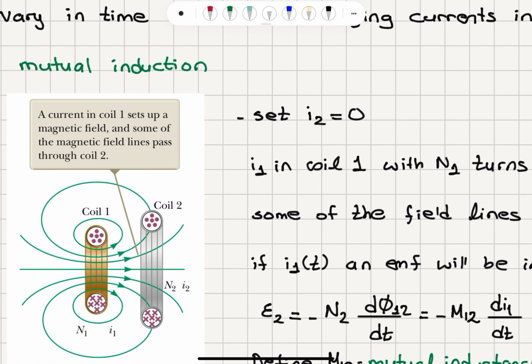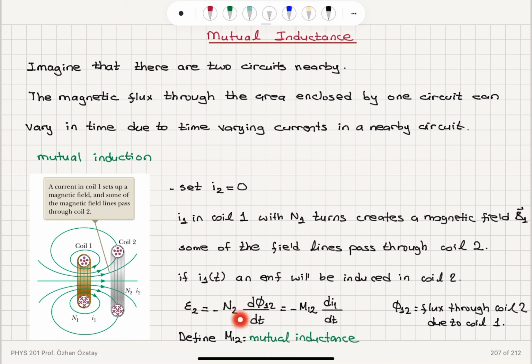Since they're time varying, according to Faraday's law, there will be an induced EMF on coil 2, epsilon 2, equal to minus N2 d phi12, the flux through coil 2 due to coil 1, dt. And normally I would call this minus L di dt, but this is now due to the mutual inductance, so it's minus M12 di1 dt. It's proportional to the rate of change of current in the first coil.